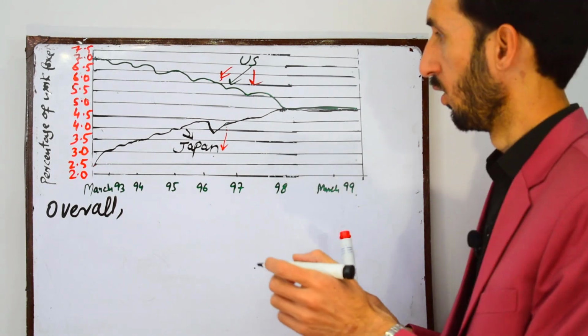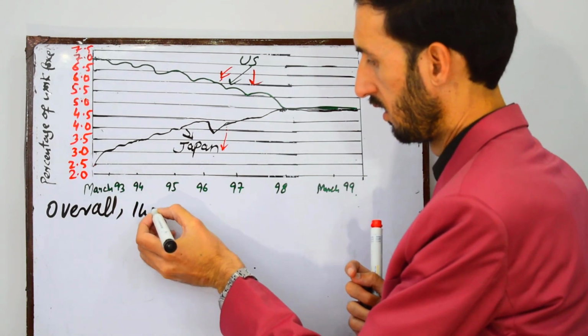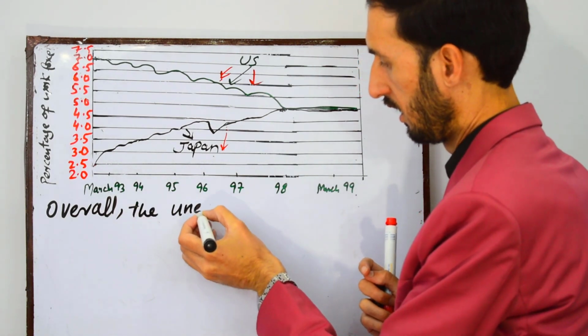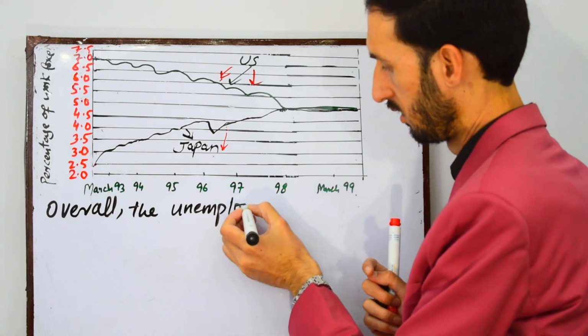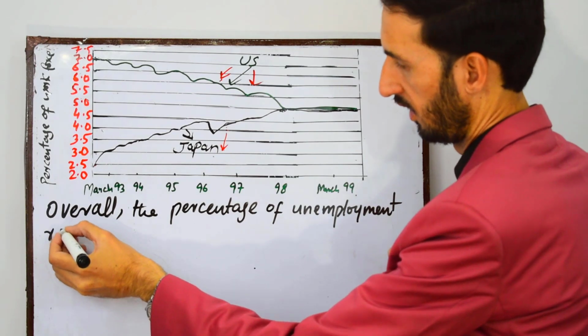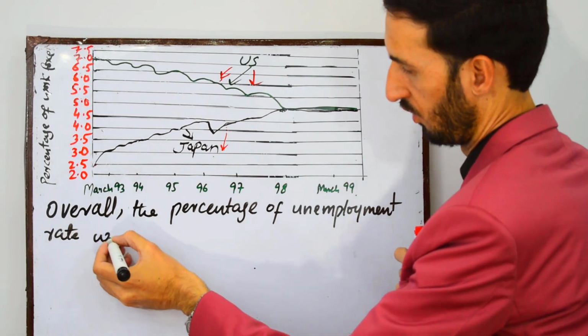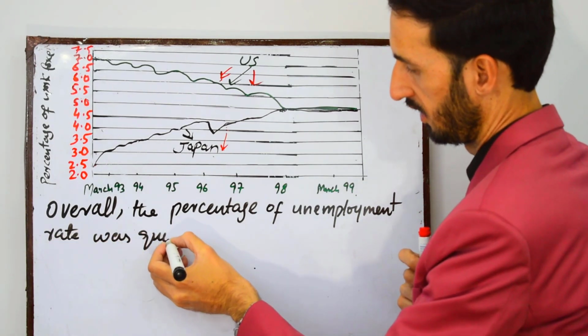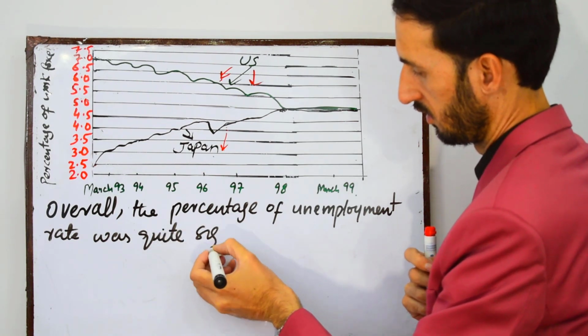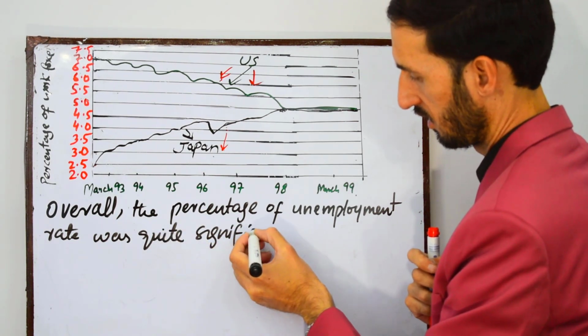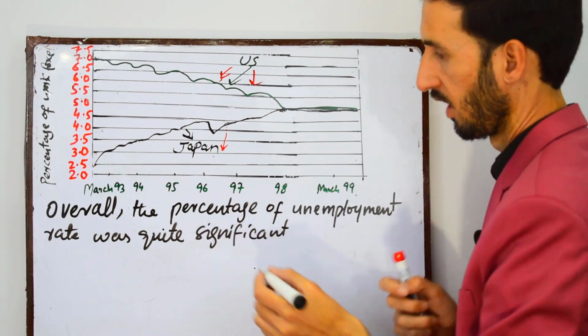How would we write it? Overall, the unemployment rate was quite significant, right?